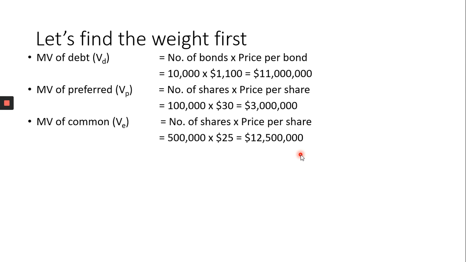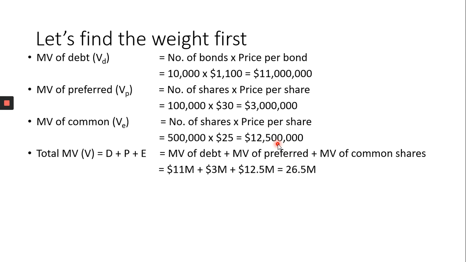Now, in order to calculate the weight for each one, all you need to do is add these three together: 11 million, 3 million, and 12.5 million. If you add them together, you get $26.5 million. Now it's very easy to calculate. This 26.5 million is the total market value.